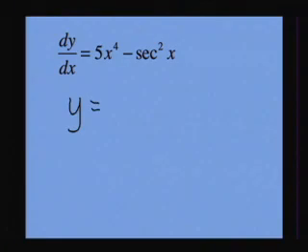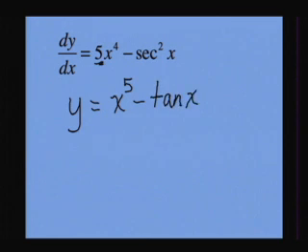That's going to give me y equals x raised to the power of 5, and that takes care of the coefficient 5 as well, so that's good. And then the antiderivative of secant squared x is tangent x. Then we have plus c, the constant, which takes into account whatever the initial possibility is for the initial conditions.